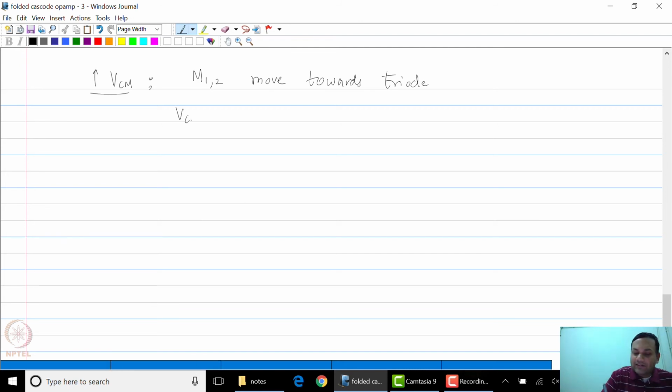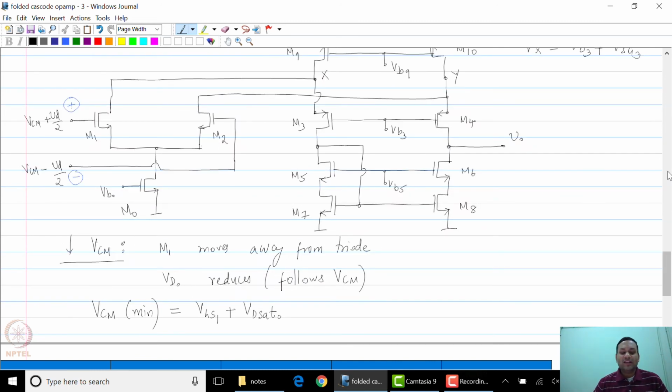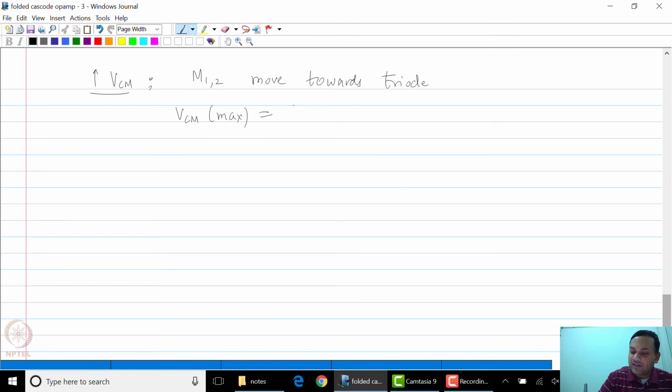And VCM max will be given when the transistor M1 or M2 hits the edge of triode region, and that can happen when the gate rises to one threshold voltage above the drain voltage. So the maximum voltage is Vx plus Vt1.